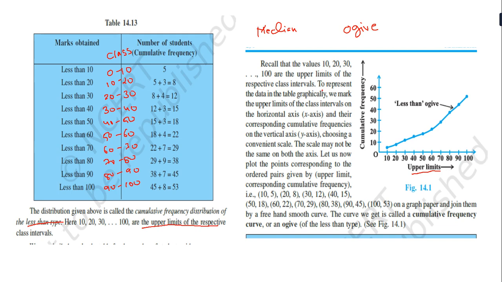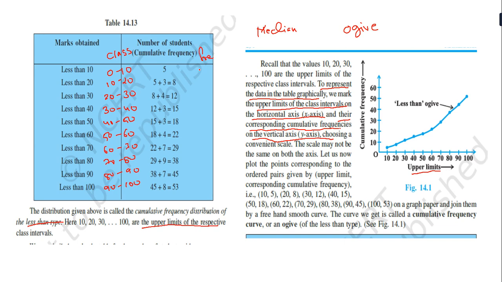To represent the data in a table graphically, we mark the upper limit of the class interval on the horizontal x-axis, and the corresponding cumulative frequency on the vertical y-axis. So on the y-axis we write cumulative frequency.